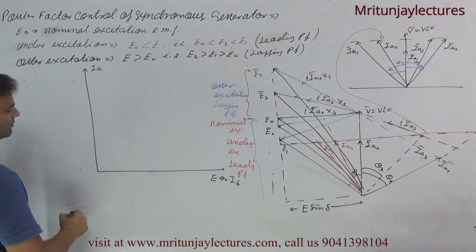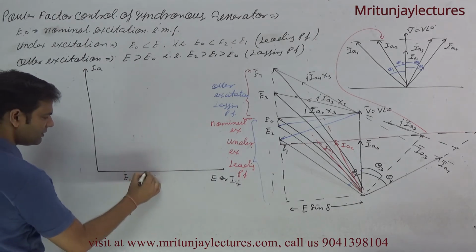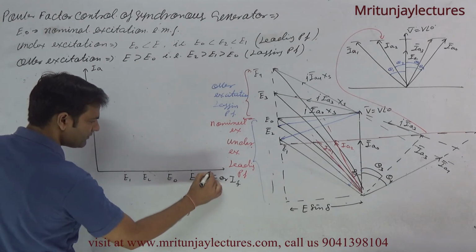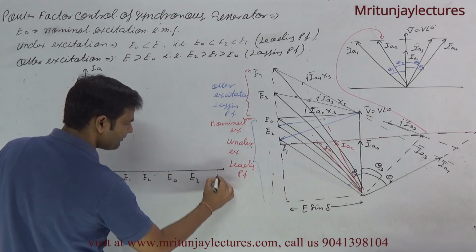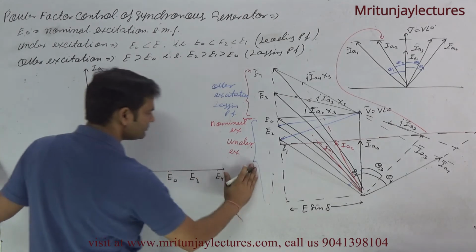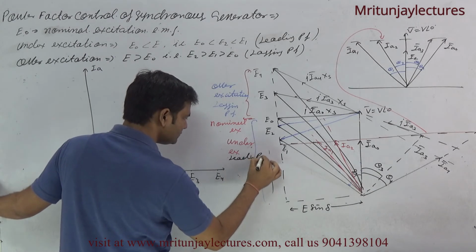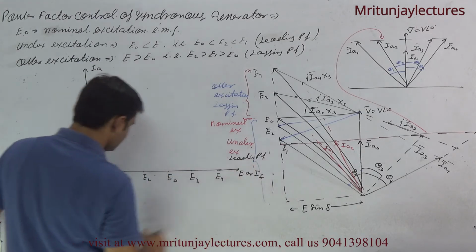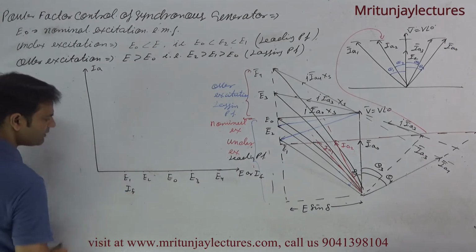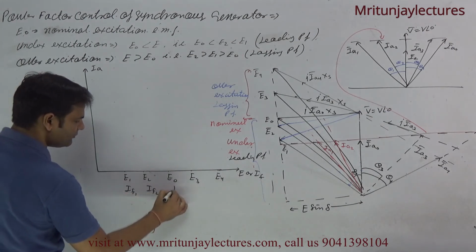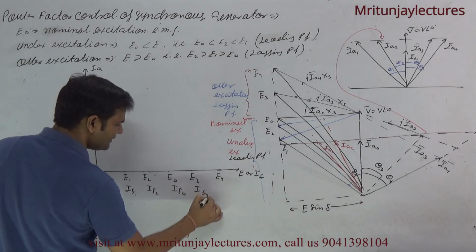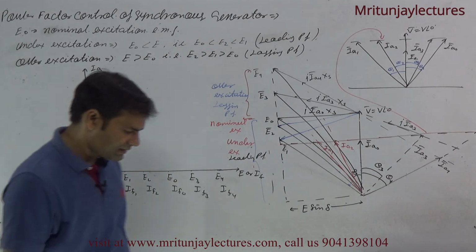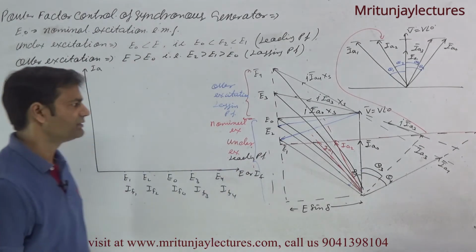Okay, now here first of all, that is E1, E2, E0, E3, and this one is E4. That is E or IF. If you want to write corresponding to field current, F1, F2, F0, F3, F4. Okay, field current versus armature current, or you can say armature current versus excitation EMF.